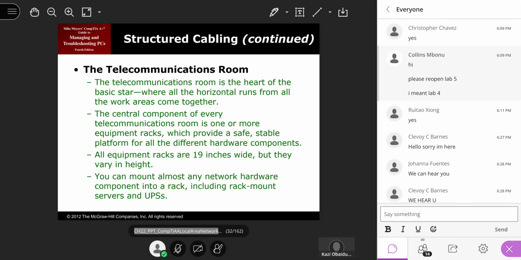So what we understand is that while handling the devices, we have to know which device goes in which place in which rack. You can mount almost any network hardware component into a rack, including rack mount servers and UPS.